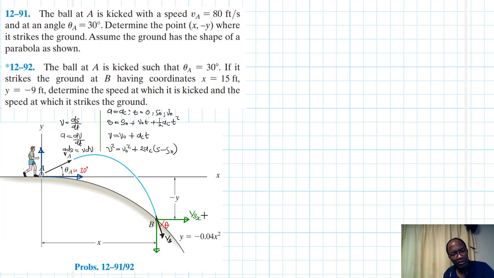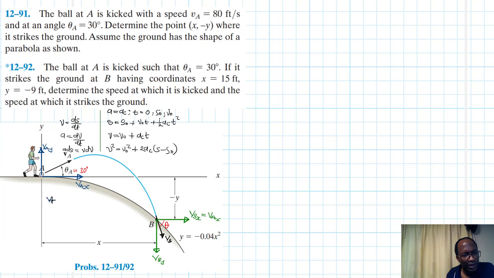When velocity is constant, what is the acceleration? Equal to 0. So this one is VAX, and this one is VBY. This one is VAY, and this one is VAX.